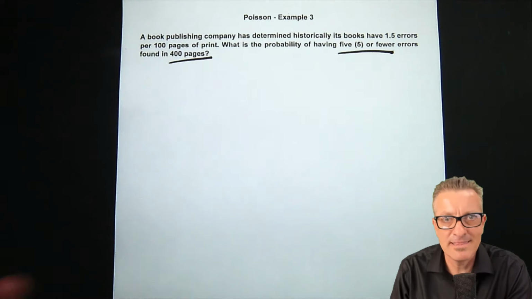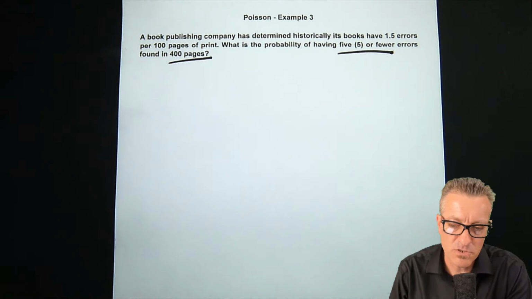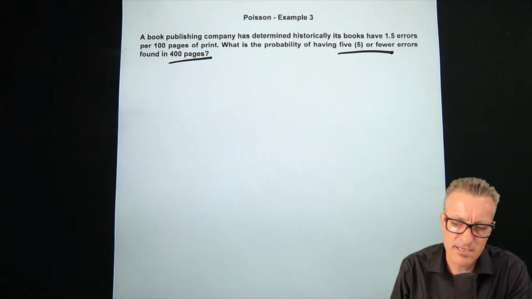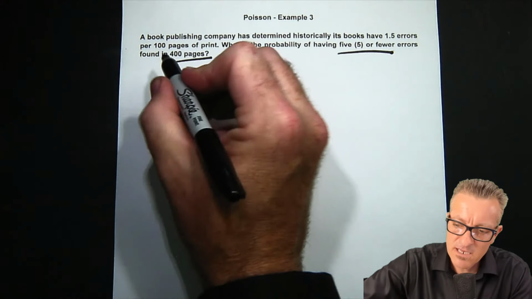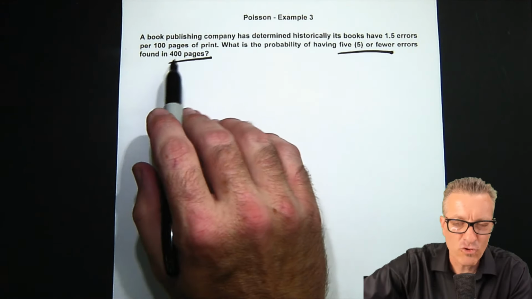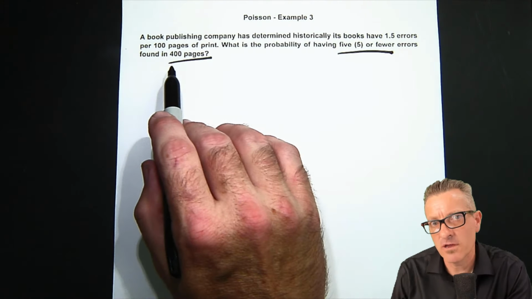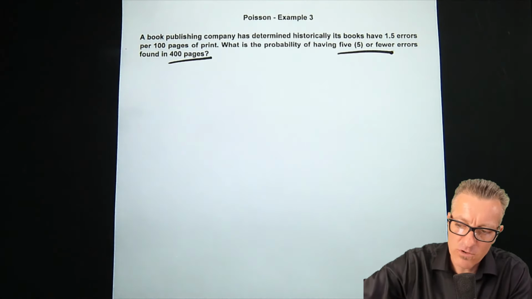We increased the t value, or the time parameter, to 4, which took care of that change in the interval we're looking for. So in this case, we're still looking in the 400 pages, so 4 times the interval that our lambda is in, except we're looking for 5 or fewer, so a range.